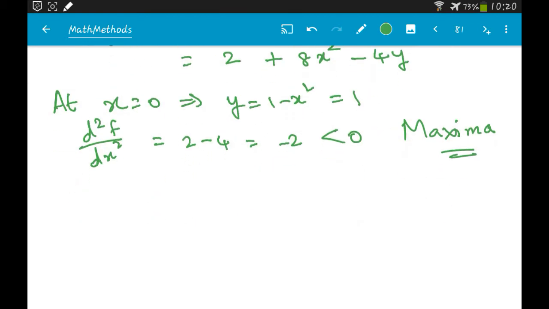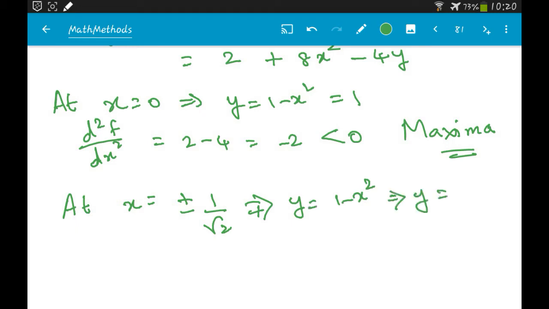Okay, and at x equal to plus or minus 1 by root 2, you will have y equal to half, right? So if y is half, then you can substitute for d square f by dx square. You will get 2 plus 8 by 2 minus 4 by 2.